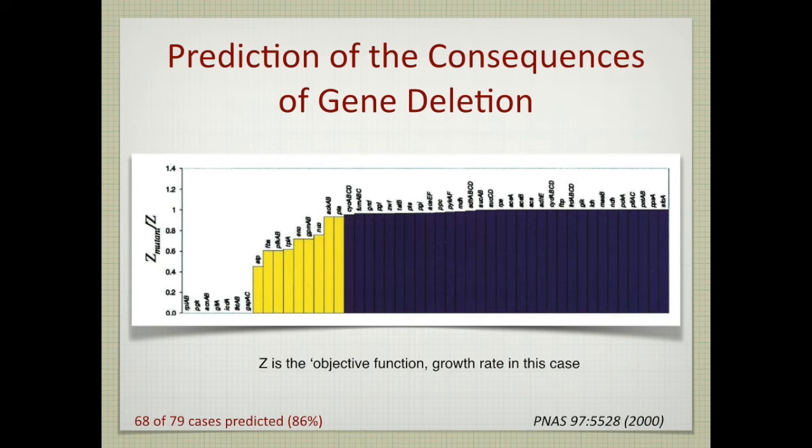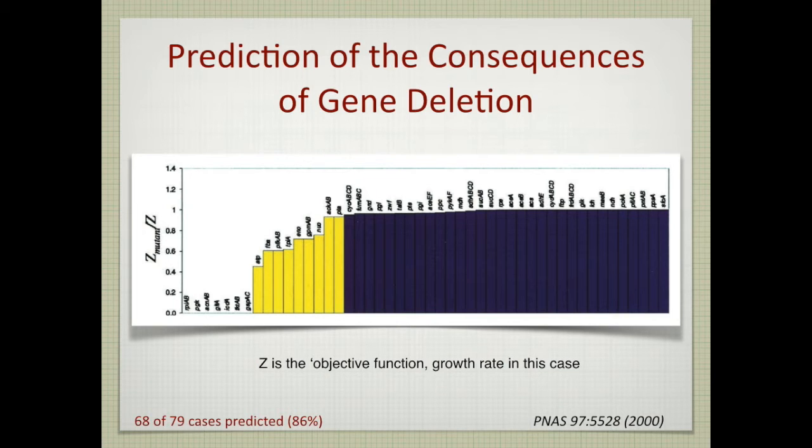And there are a total of, it's down in the corner there, 79 cases that could be looked at here, and 68 of them were predicted correctly with an 86% hit rate. And you see the first few columns in this graph had the names of the lethal genes because there's no growth predicted. Then you had these columns in yellow that predict retardation of growth.